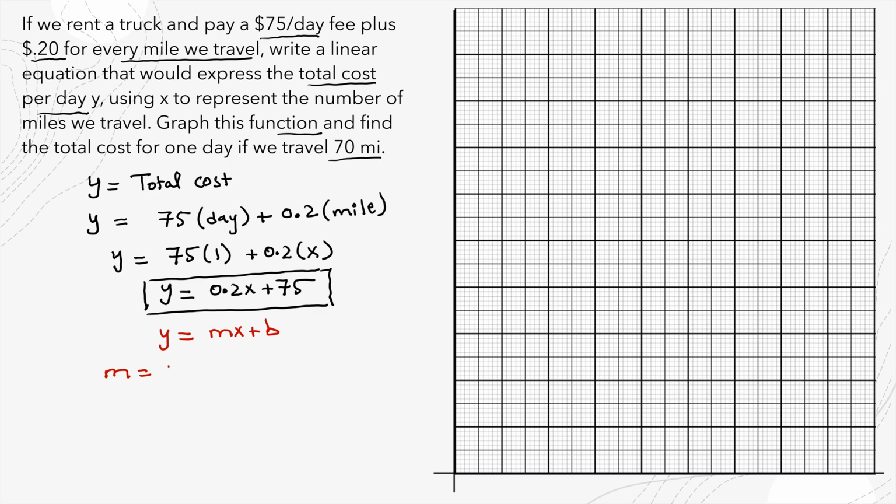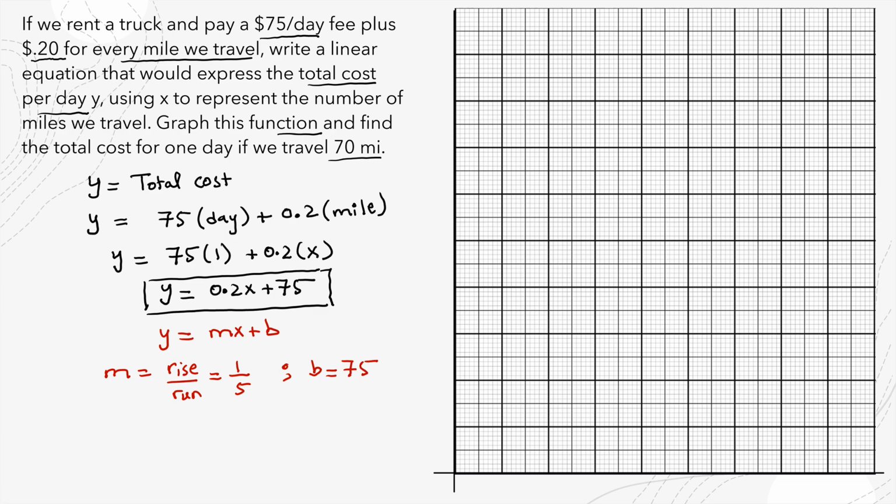That is our rise over run, and 0.2 I can write as 1 over 5. And the intercept is equal to 75.